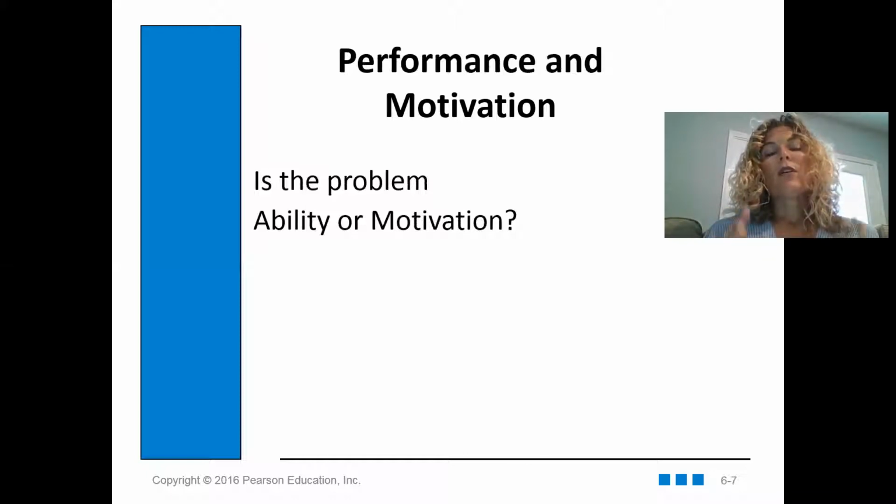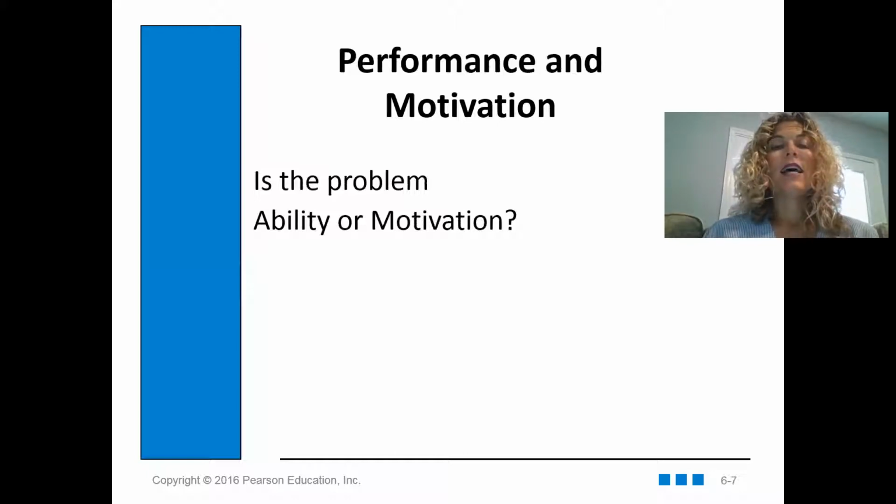So spending time here is definitely important, and something that was emphasized in the decision-making chapter. That first stage of identifying what the problem is is crucial, right? And same thing here, right? If we have a problem, we really want to make sure we figure out if it's an ability or a motivation problem, or even a combination of both. We want to know so we know what kind of solutions we can employ.